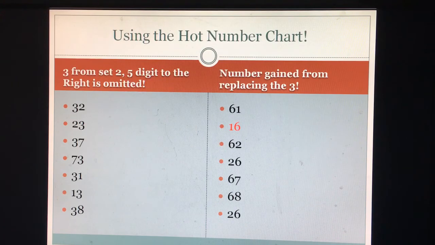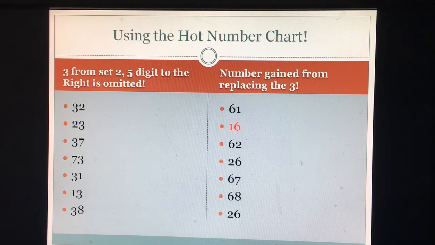Using the hot number chart, as you can see, 32, 23, 37, 73, 31, 13, and 38 are not hot numbers and are not recurring numbers from the last draw. But if you replace the 3 with a 6, you gain 61, 16, 62, 26, 67, 68, and 26.